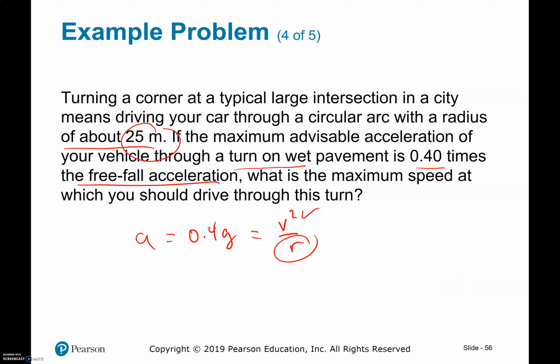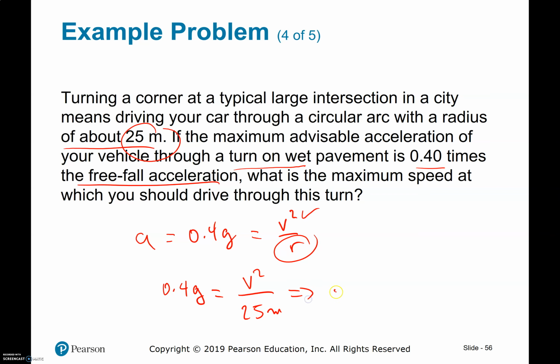So a, which is 0.4 g, is equal to v squared divided by r, which is 25 meters.